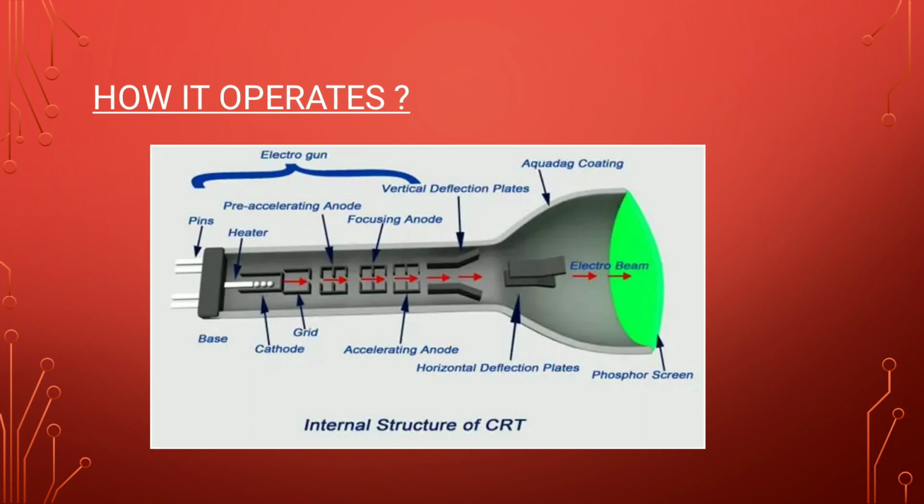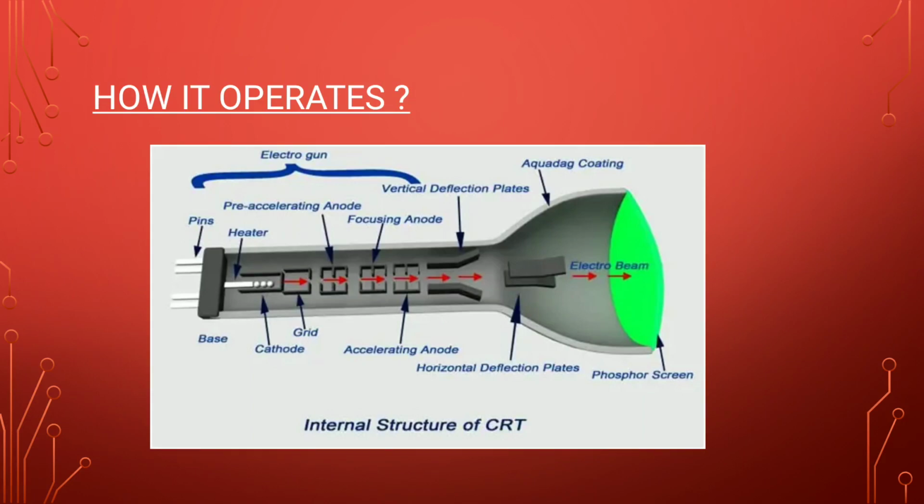And next comes the aquadag coating, as we can see here. When the electrons are moving away from the tube, it takes the electrons and brings them back to the straight position. Vertical deflection plates and horizontal deflection plates are also present here.